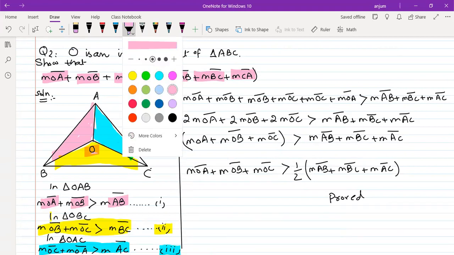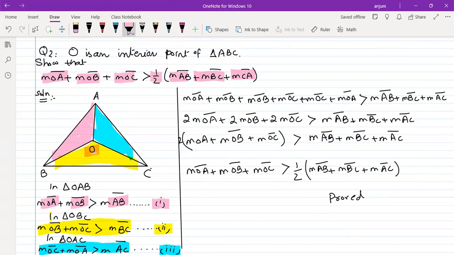Now, by adding all these results, result number 1, 2, and 3, on the left hand side we get measure OA plus OB plus OB plus OC plus OC plus OA. By adding the left hand sides, we will be adding the right hand sides. So this left hand side will be greater than the right hand side, which is the sum of all the right hand sides of 1, 2, and 3, measure AB plus BC plus AC.